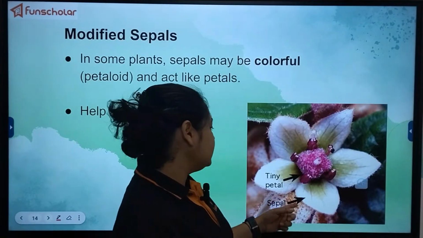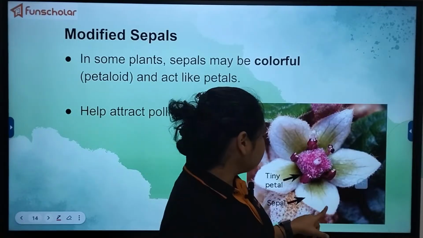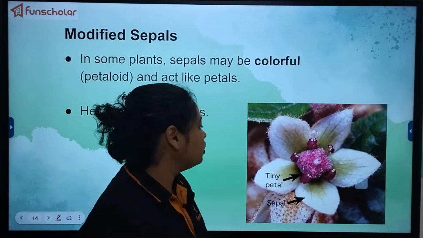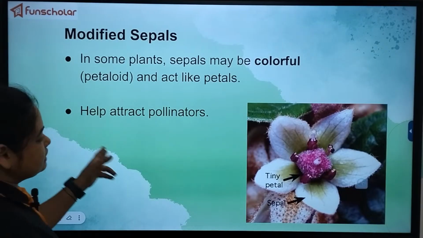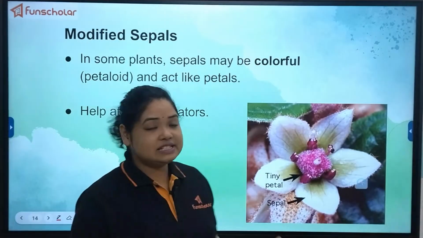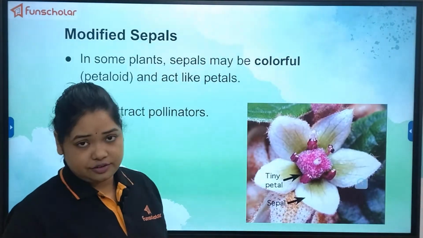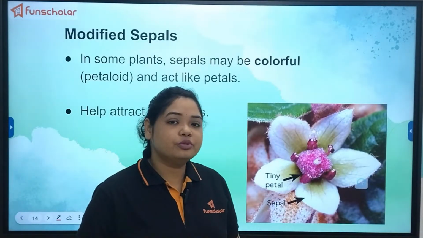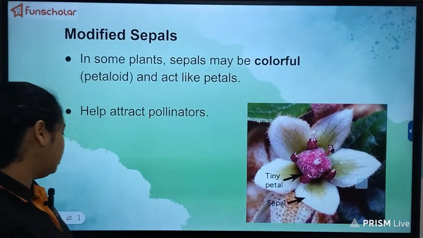Here you can see that the petals are reduced in size, and these white portions look like petals, but they are actually not petals, they are the sepals. Therefore they are known as petaloid, that means just like the petals. They are colorful because they contain chromoplasts which give color, and since they are colorful, they will attract the pollinators.